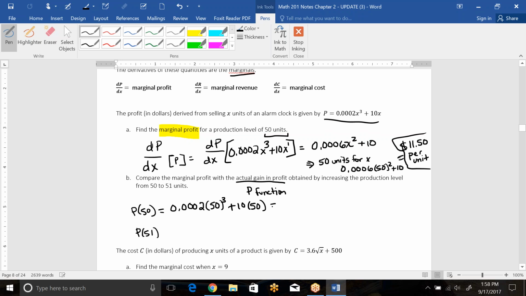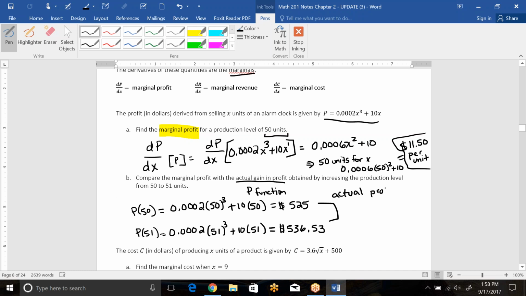And I got that came out to 525. I was looking at the wrong line. So $525. If we plug in 51, I got that it came out to 536.53.